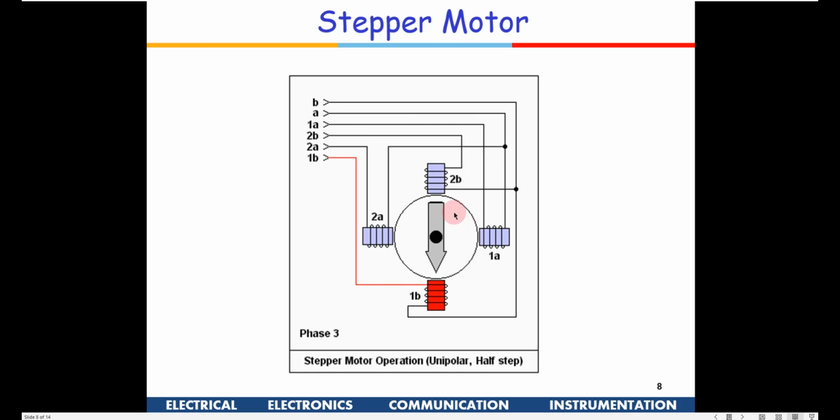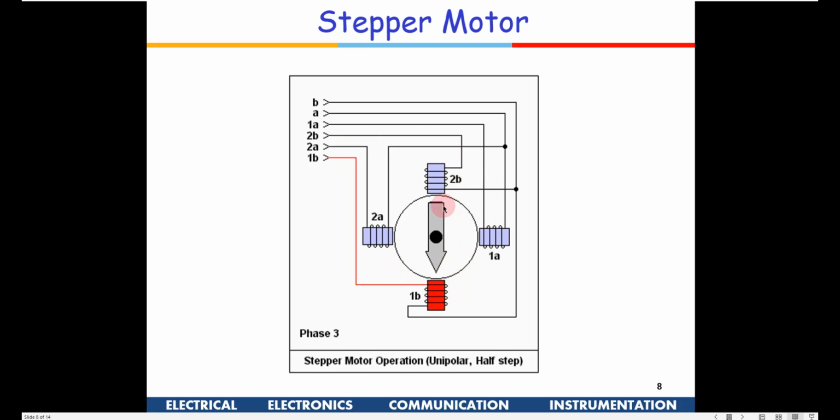And also you can use sequential circuits to drive stepper motors, right? So you have these kinds of stepper motors. There is a permanent magnet out here, and there are 4 different coils.